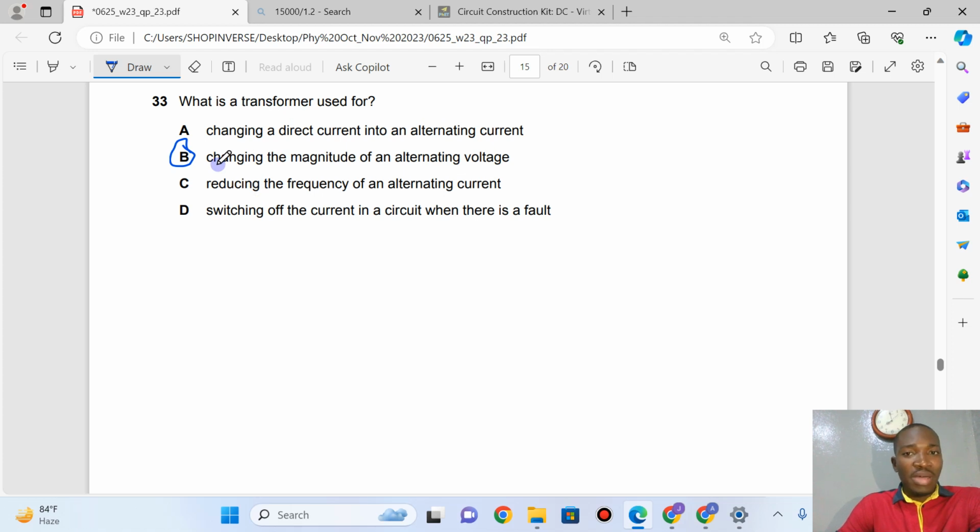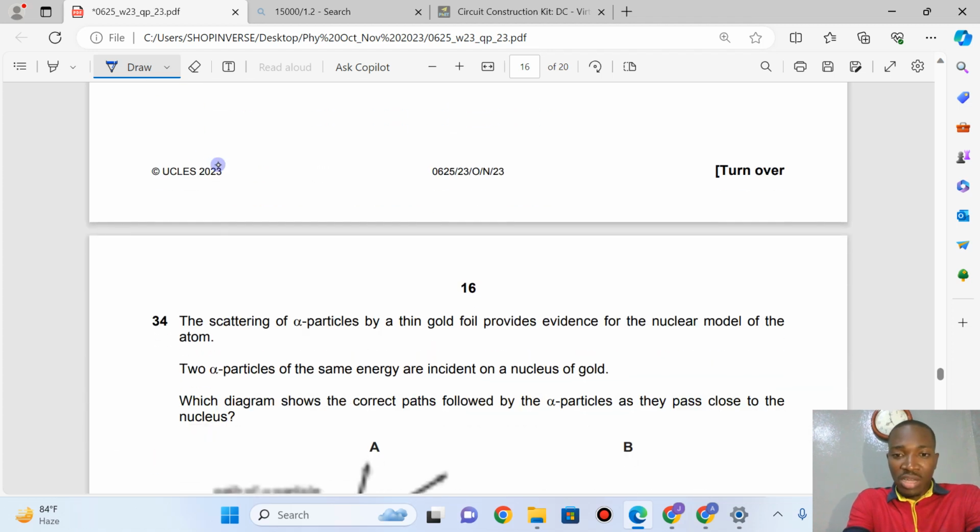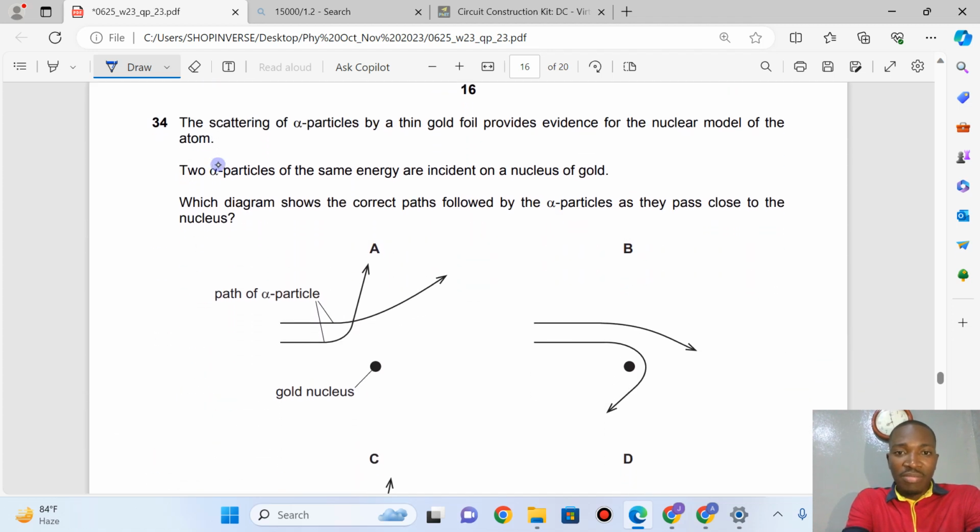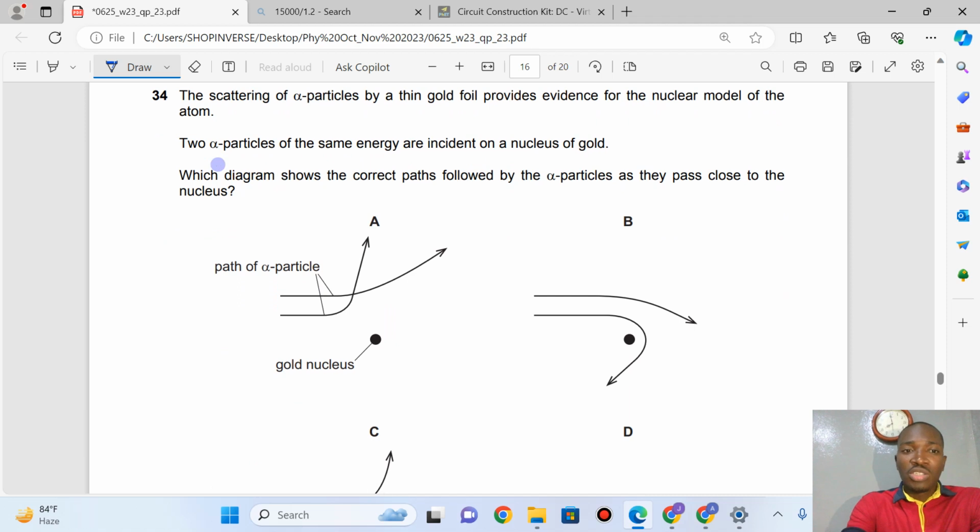And if it is a step down transformer, it steps down the voltage, thereby stepping up the current. That is usually the case for distribution, for electricity to be supplied to houses and factories or companies that make use of it. Question number 34.